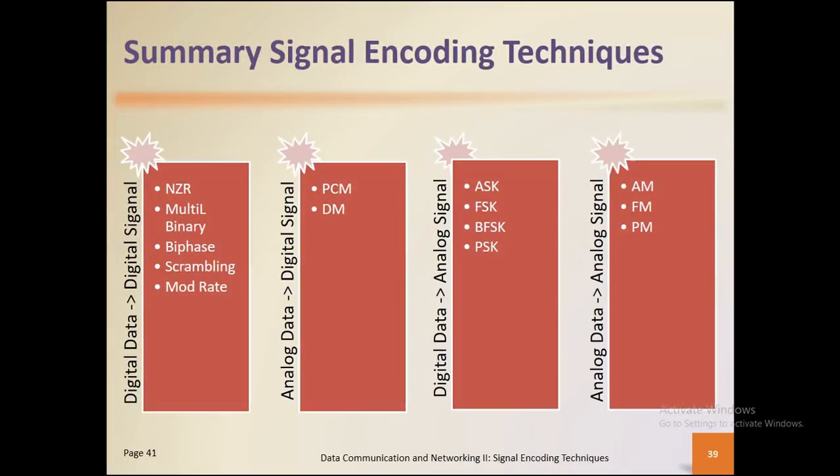So in summary, we have some of these key encoding techniques that are adapted for the various signal form that we have, or signal conversion form that we have. From digital data to digital signal, we have the encoding techniques. From analog data to digital signal, we have the pulse code modulation, and then the division multiplexing modulations, or whatever you have.